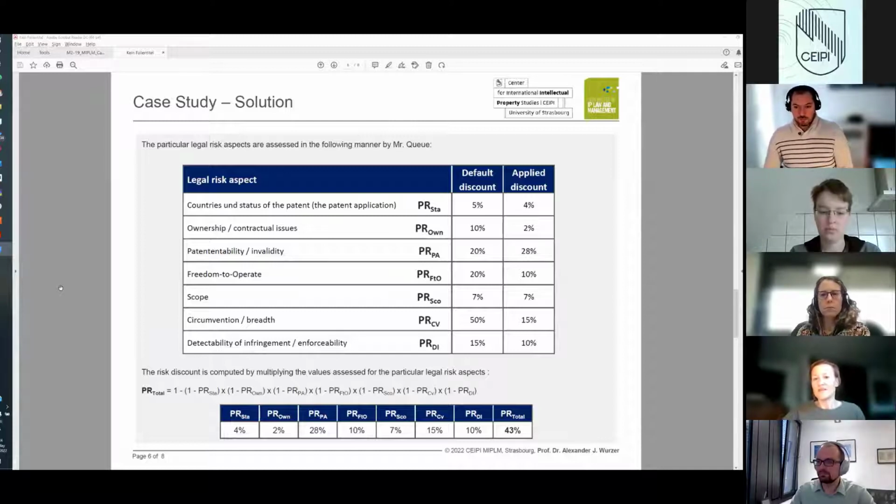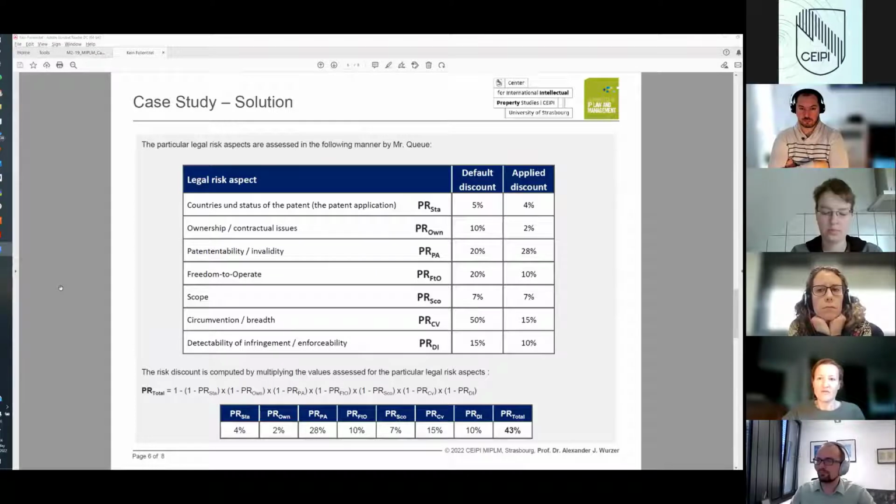We have a default discount rate, which is basically as if we didn't know anything about the current situation and the context of the patent portfolio. And we have an applied discount calculated, which is based on the background knowledge, on the context knowledge, what we see from the case study paper.